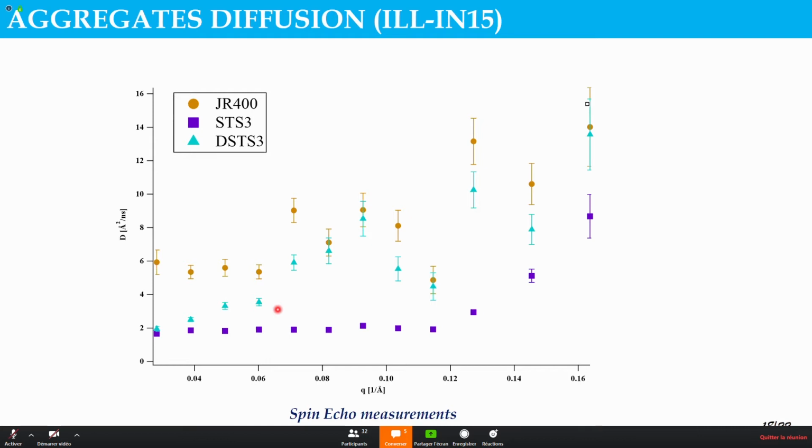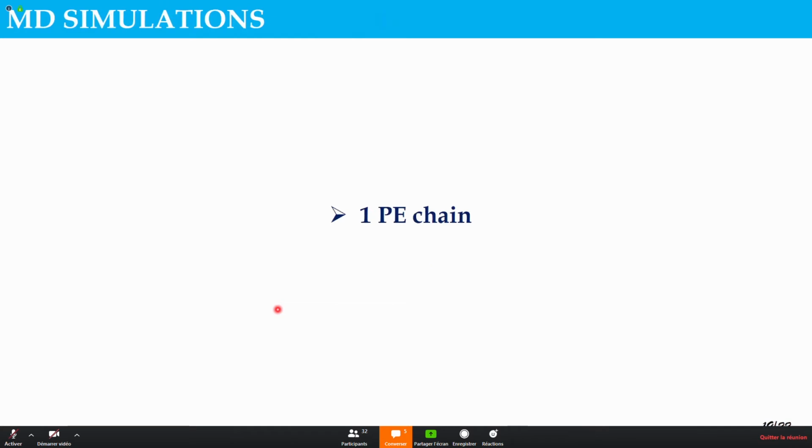At this point, for the last part of this presentation, we can have a look at the molecular dynamics simulations data. We analyzed a lot of systems, but now I'm just going to show you some pictures that will help us understand the results that we get from the experimental data.